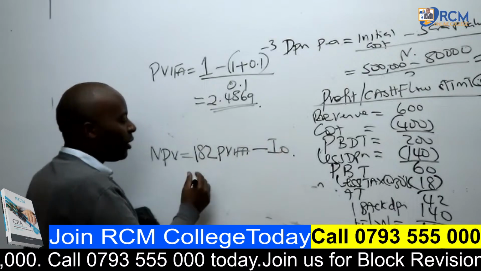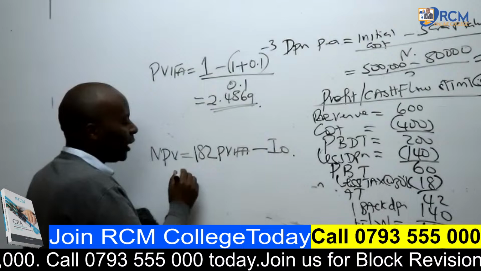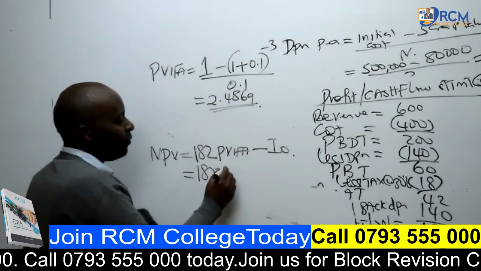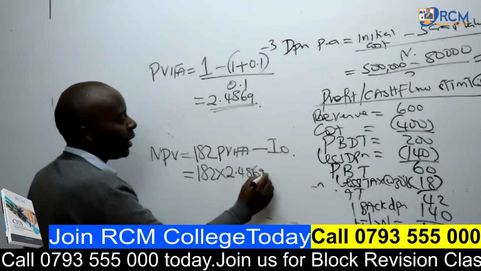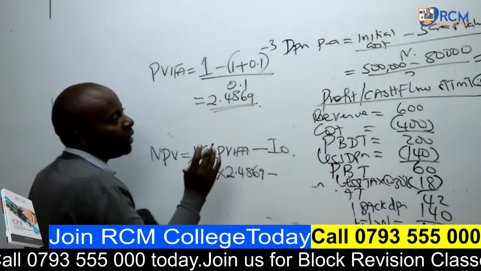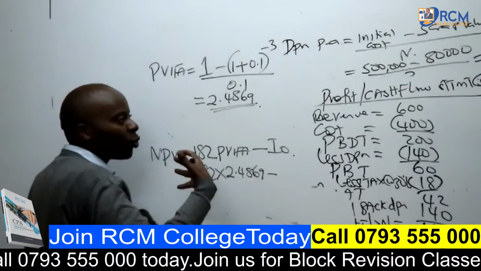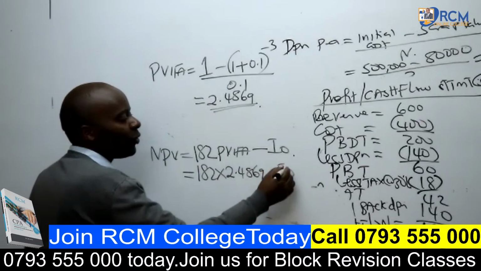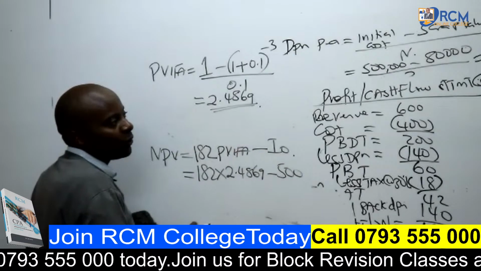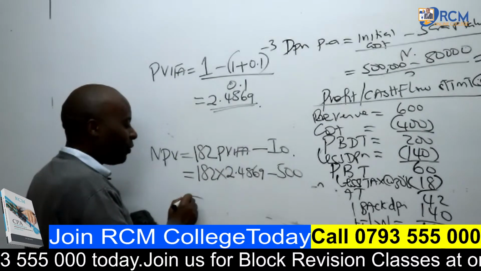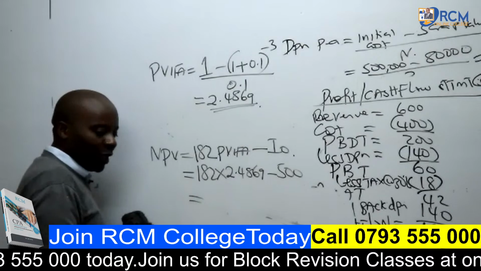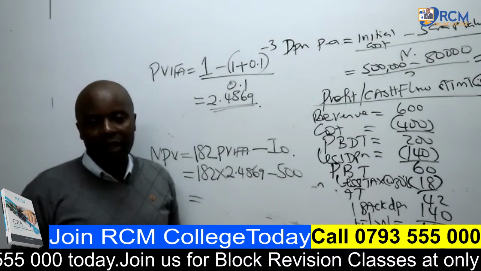So what do we have at the end of the day? It will be 182 multiplied by the PVIFA, which is 2.4869, minus the initial outlay. The initial outlay, we were told to buy this machine, we needed 500,000 shillings. Our figures are in thousands. So this will give us what figure of net present value?